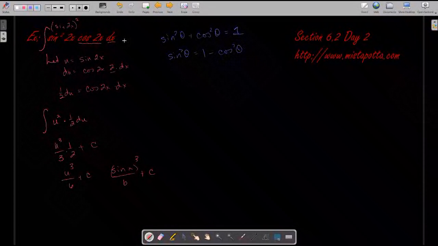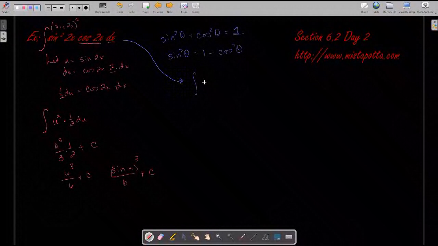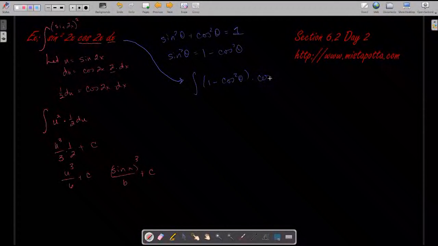And so I can rewrite this integral as being the indefinite integral of 1 minus cosine squared theta times cosine 2x dx, where theta in this case is the 2x that I'm dealing with. Then perhaps I can find the antiderivative this way.